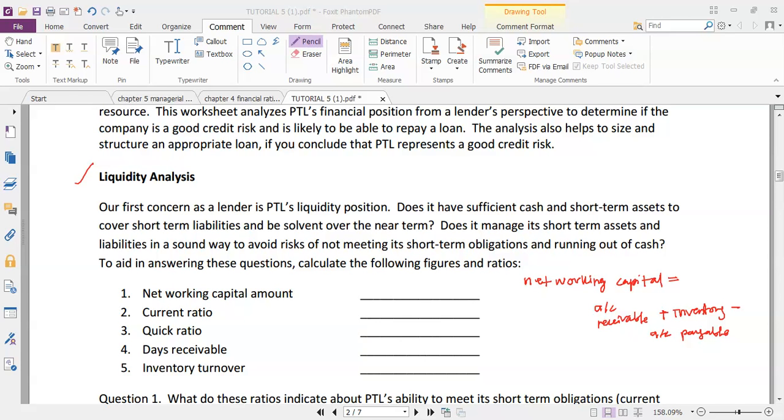Okay, are you ready with the question? Never mind. We will do it together. So I will show you how to calculate the ratio.